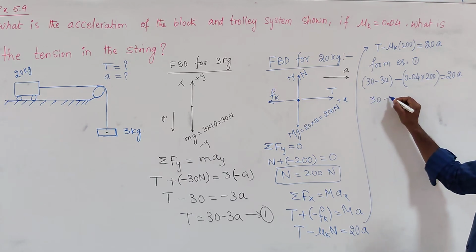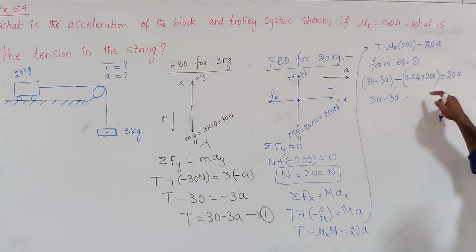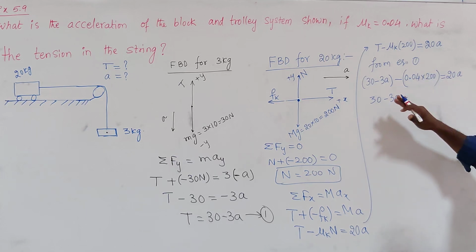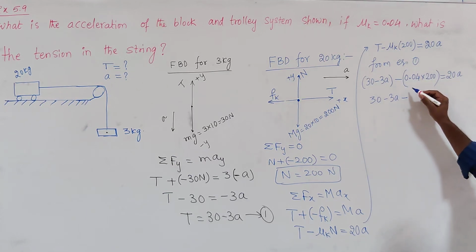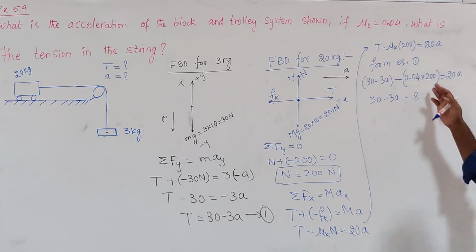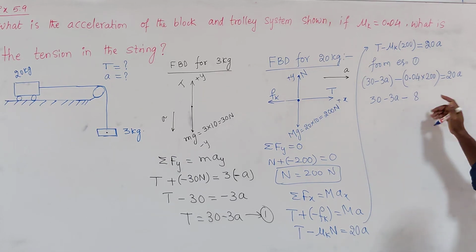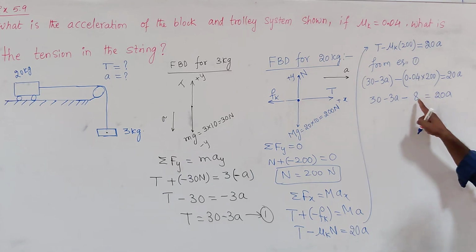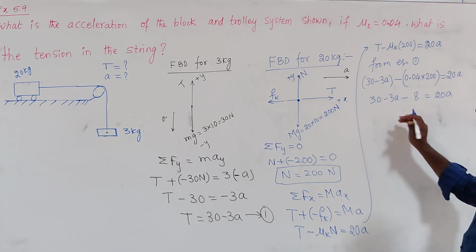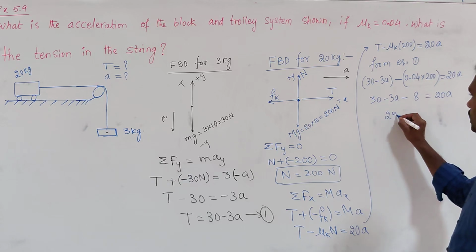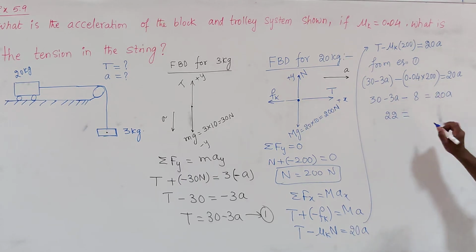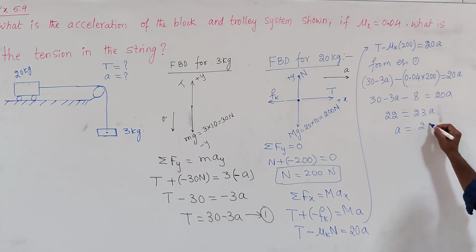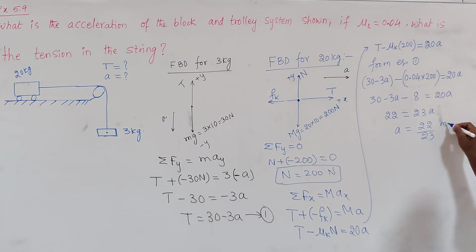So 30 minus 3A minus 0.04 into 200. When you multiply 200 into 0.04, you will get the answer as 8. So 30 minus 8 is 22, equal to minus 3A becoming plus 3A, that is 23A. So acceleration A equals 22 by 23 meter per second square.